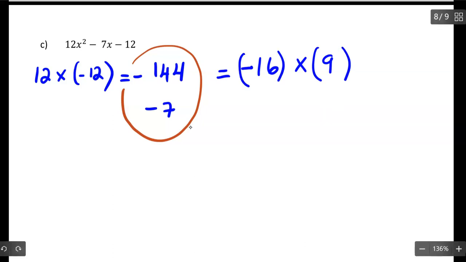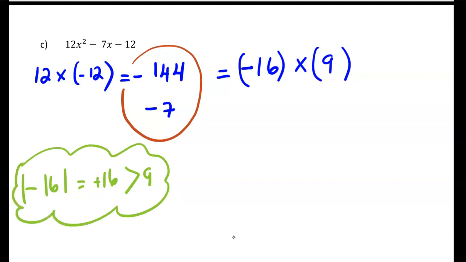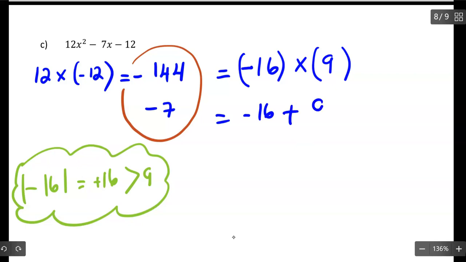Why am I saying that? Because the absolute value of negative 16 is equal to positive 16 and is higher than 9. So the trick here is this, right? Therefore, when you take negative 16 and add that with 9, you end up with negative 7.